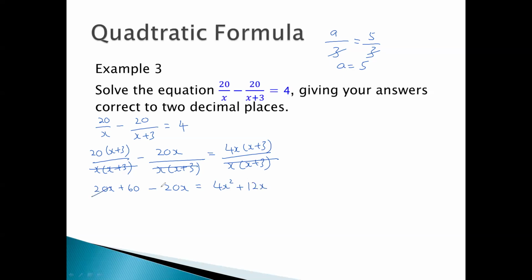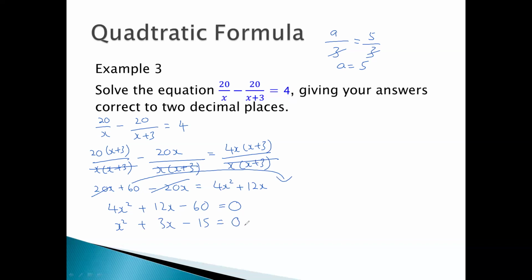Can you see 20x minus 20x? This is gone, right? It's 0. So I can actually say it's 4x² + 12x - 60 if I move this over to the right, equals 0. Now I think all can be divided by 4. So x² + 3x - 15 = 0.